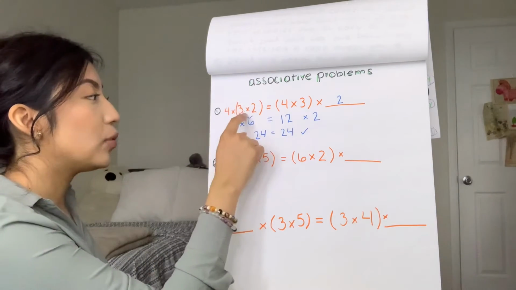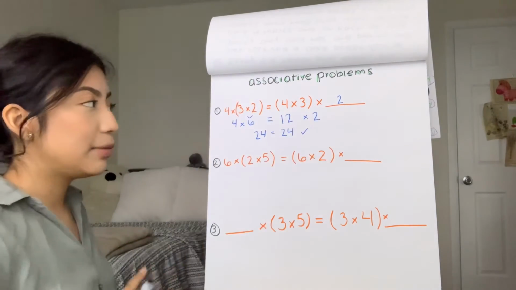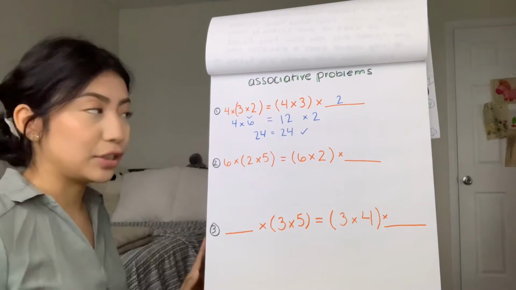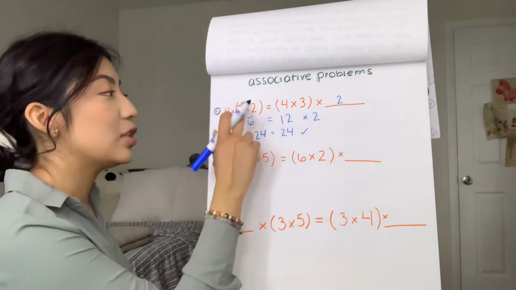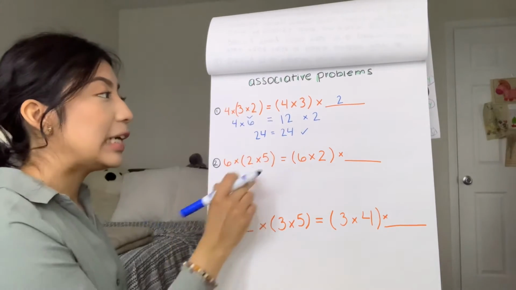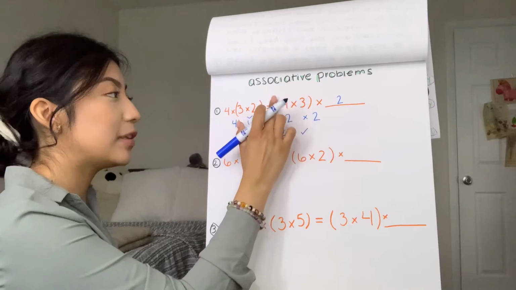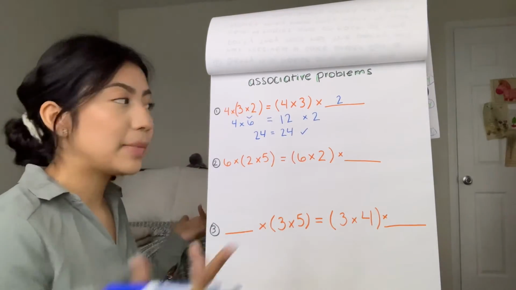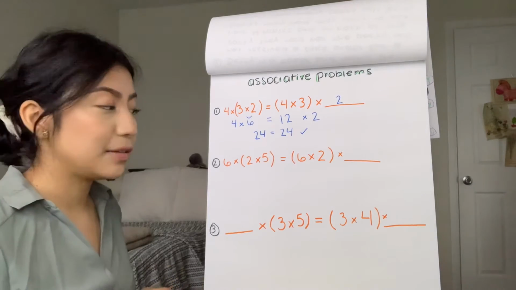We have 4, 3, and 2, 4, 3, 2, right? We have the 4 first, the 3 second, and number 2 third. But we changed where the parentheses were. The parentheses are in the last 2 numbers here, and in this one, the parentheses are in the first 2 numbers. But that didn't matter, right? Because we still got the same answer.